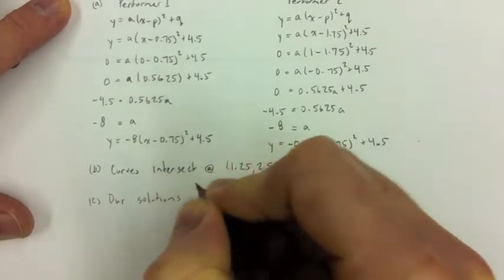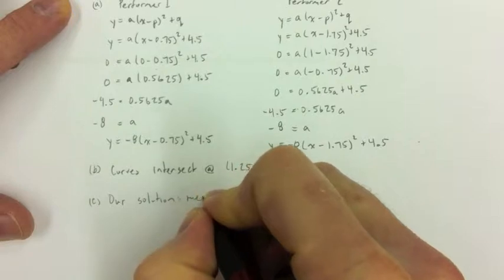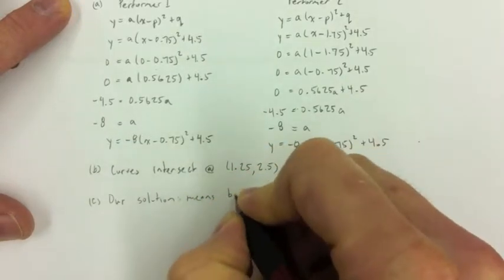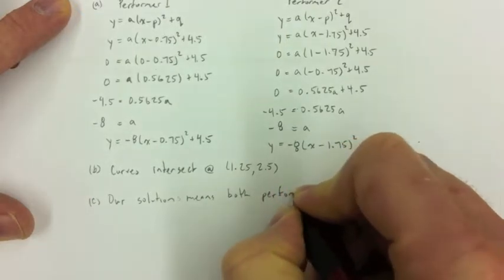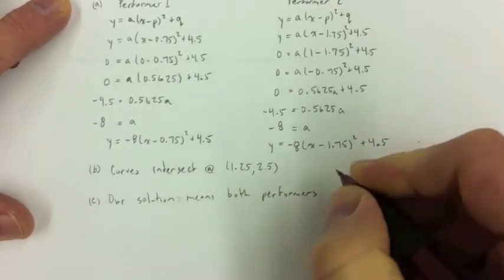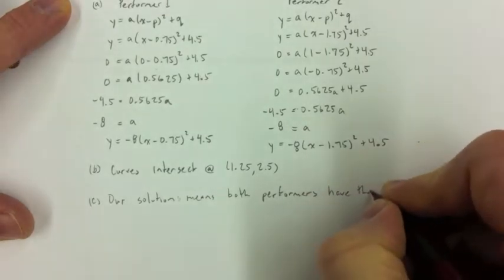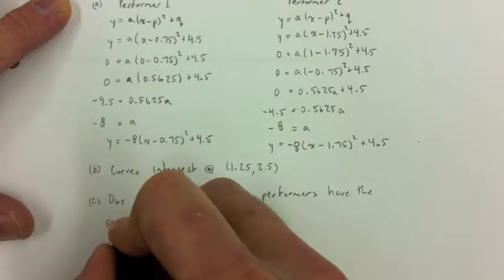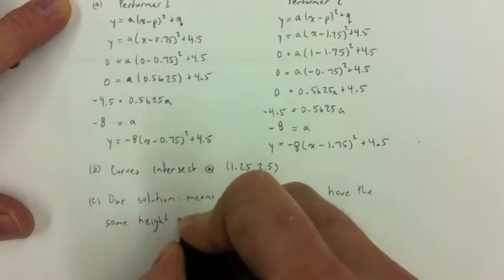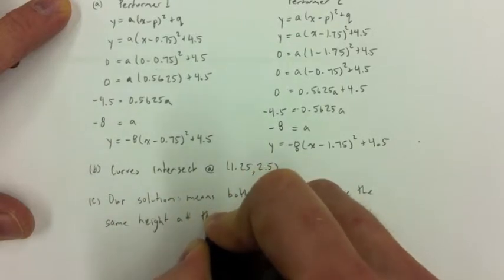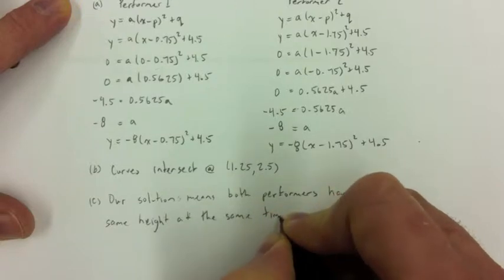Our solution means both performers have the same height at the same time.